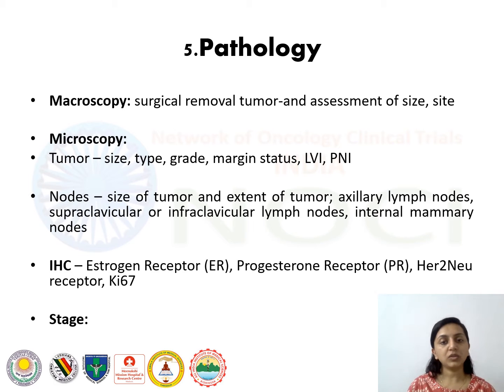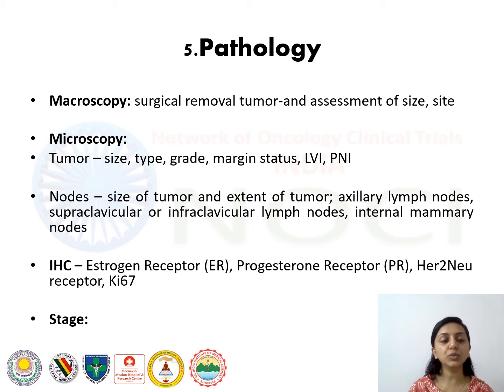So coming to the pathologic assessment, once the surgical tumor is removed, that is when we can assess it with our naked eyes. That is called macroscopic assessment of the tumor. We should look at the size of the tumor, the site of the tumor, the appearance of the tumor, and other factors. Microscopy is the use of microscope to assess the cells of the specimen.